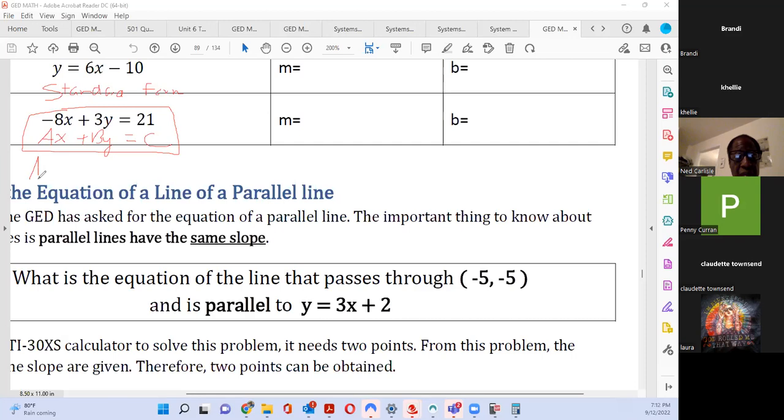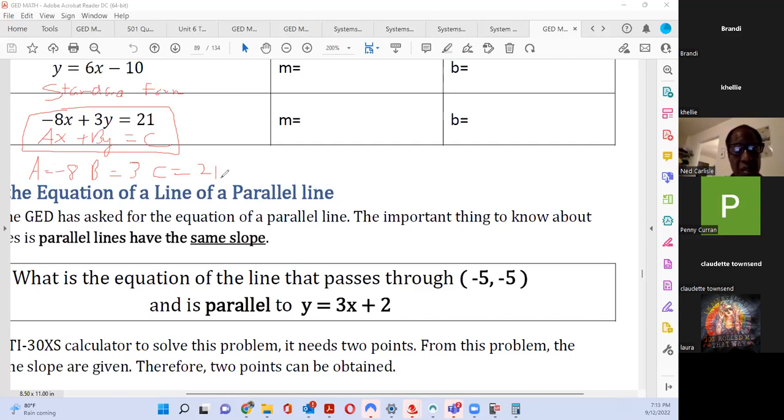So A is what? Negative 8. B is what? What's the coefficient in front of the y? 3. And what's C? 21.